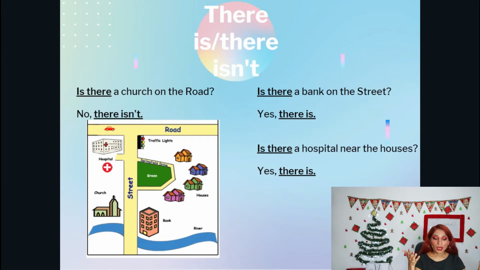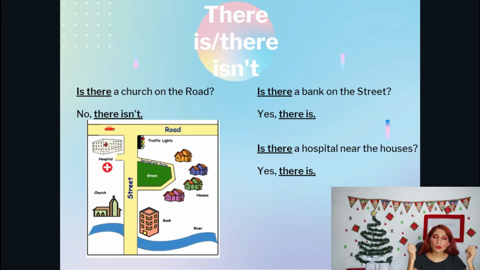For example, if I go to another city or another country or another town, I don't know this place, or I need to ask the people. For example, I want to go to the shopping mall, but I don't know this city. I need to ask someone, is there a shopping mall in here?